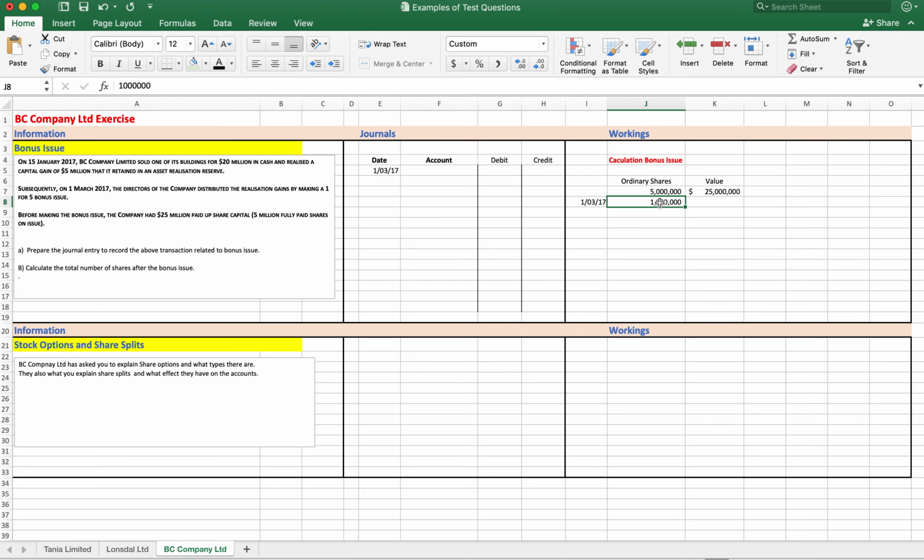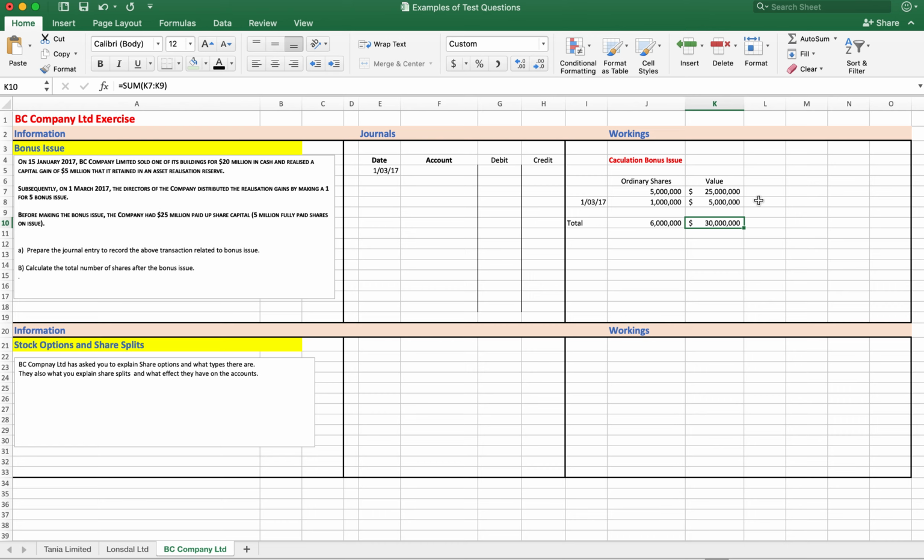So that's 1 million. Okay, and we're going to issue them for that $5 million realised capital gain on the sale of the business building. All right, so that gives us that. Totally we'll have 6 million. So that's the answer to the B first, and they're going to be worth $30 million. That's the paid up capital in the accounts.